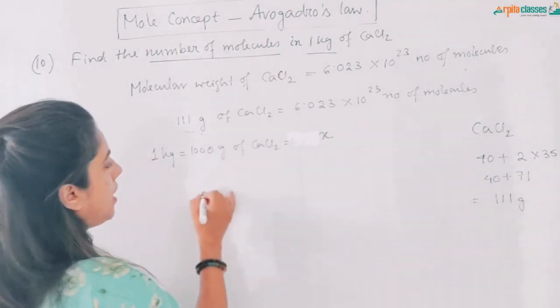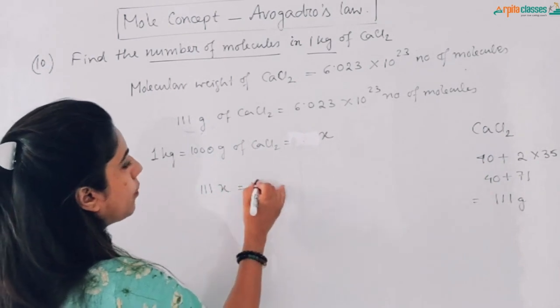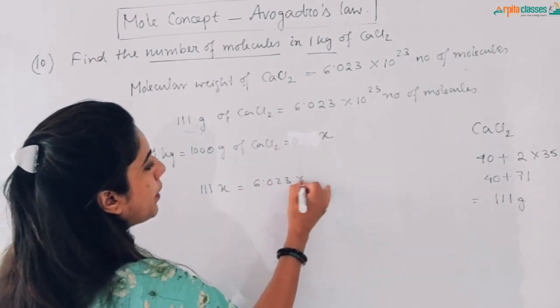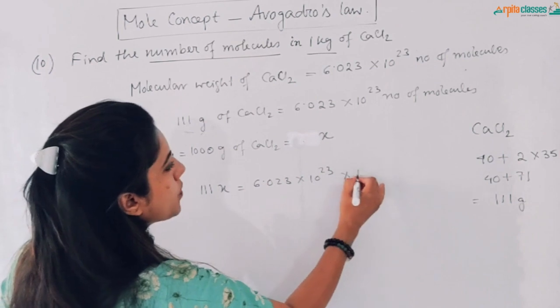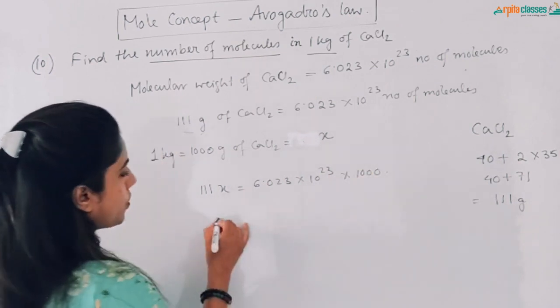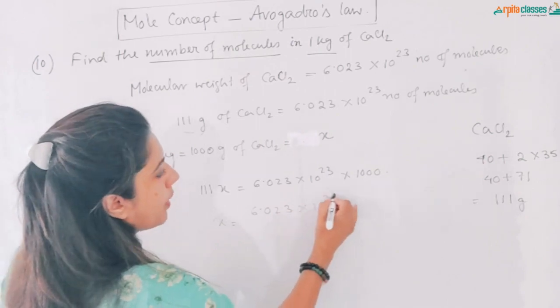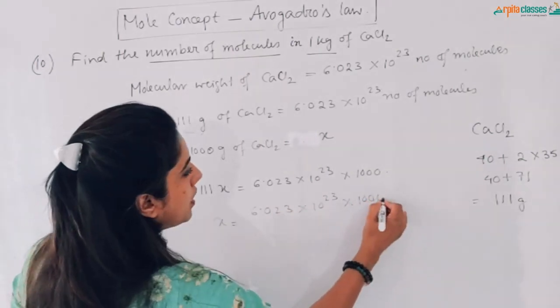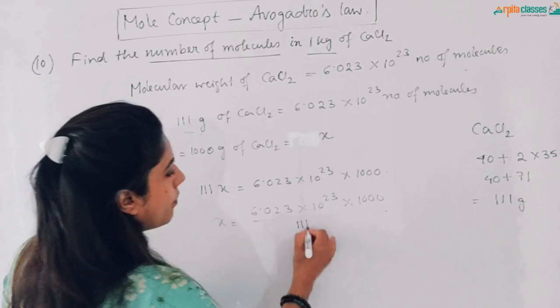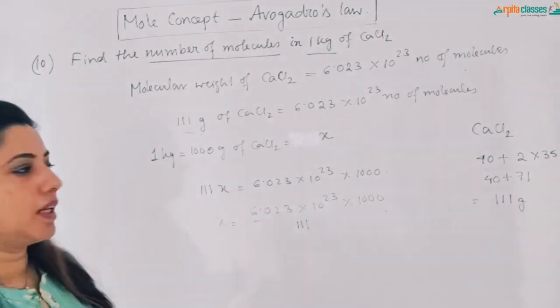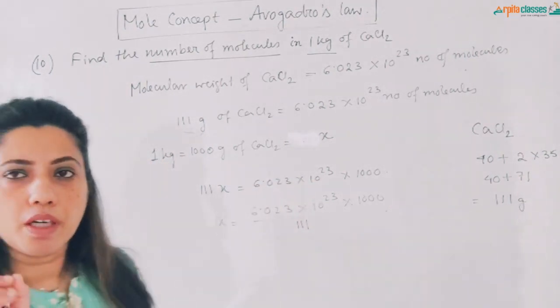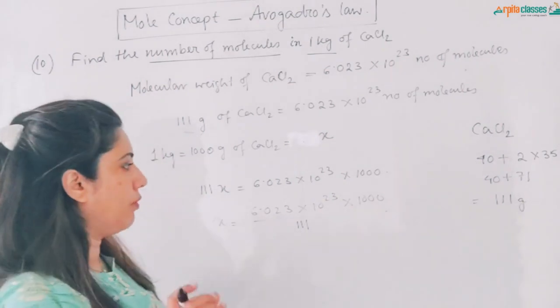Now cross multiply, 111x is equal to Avogadro number into 1000, right? So x is equal to 6.023 into 10 raised to power 23 into 1000 divided by 111. So when you calculate this, you get the number of molecules. Now here you can do little approximation if you want.